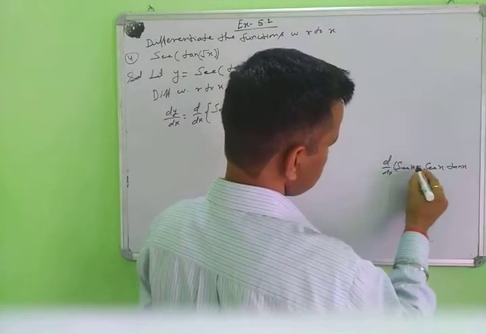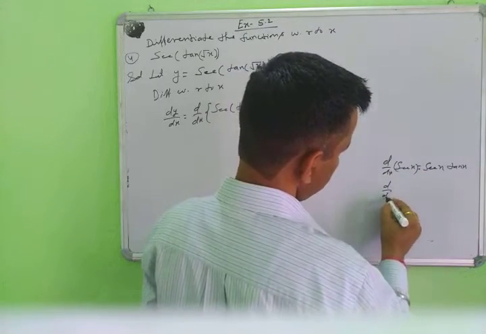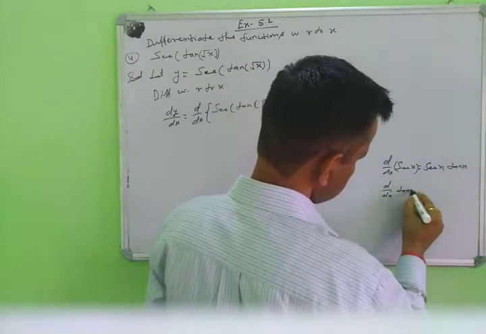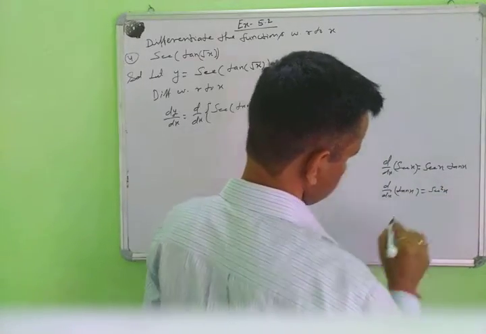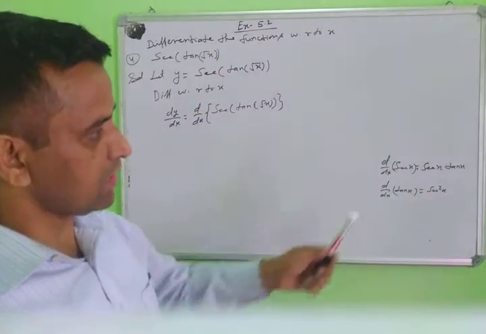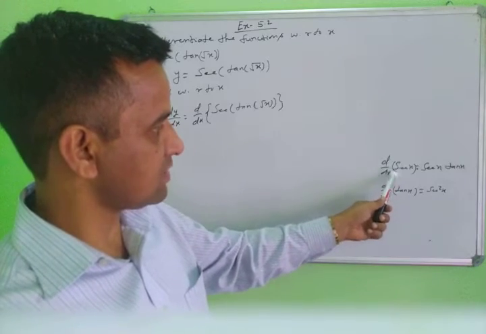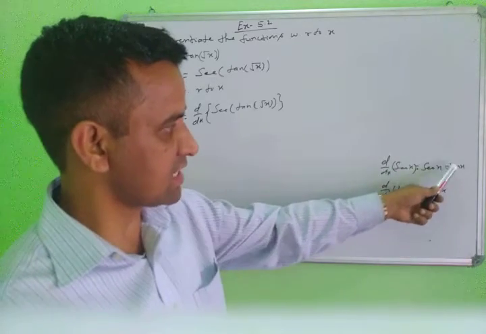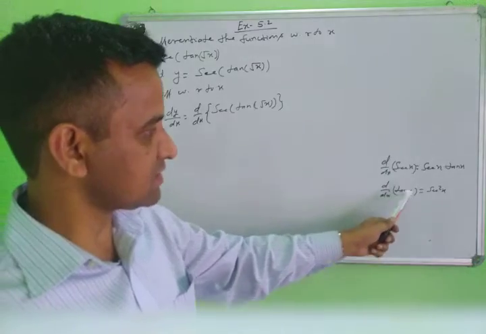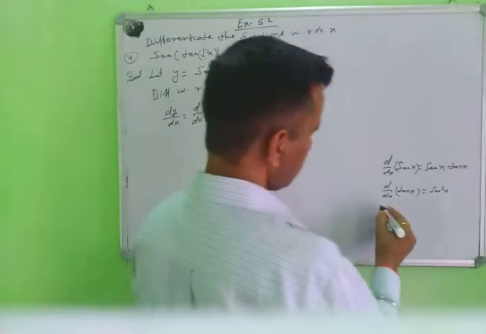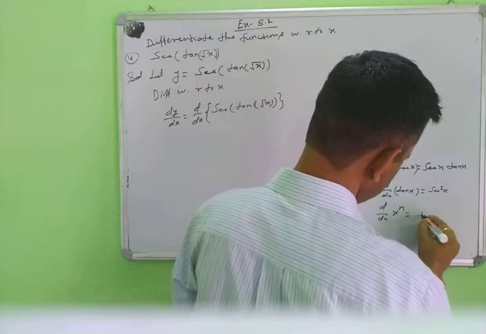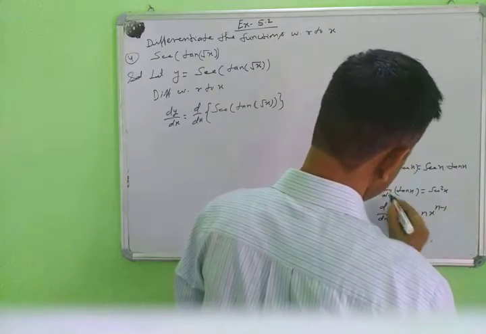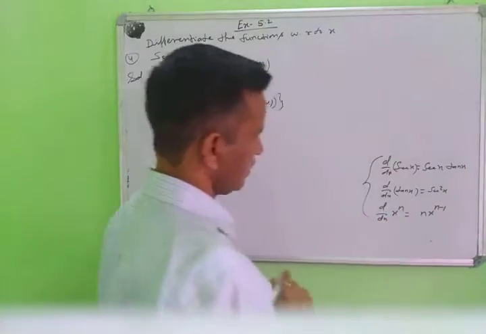The identity of d over dx tan x is equal to sec square x. Here using two identities: differentiate of sec x is sec x tan x, and differentiate of tan x is sec square x. A third identity we will be using here is d over dx of x to the power n is n x to the power n minus 1. So I am using these three identities here.